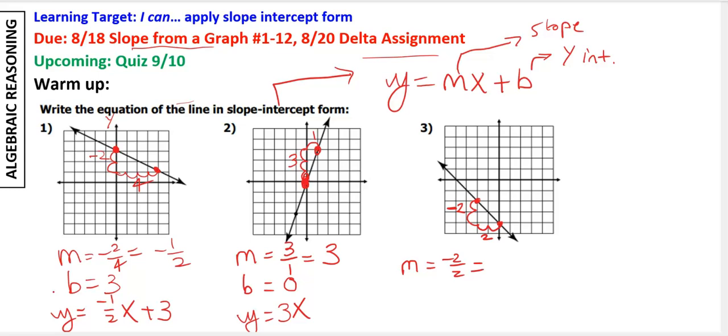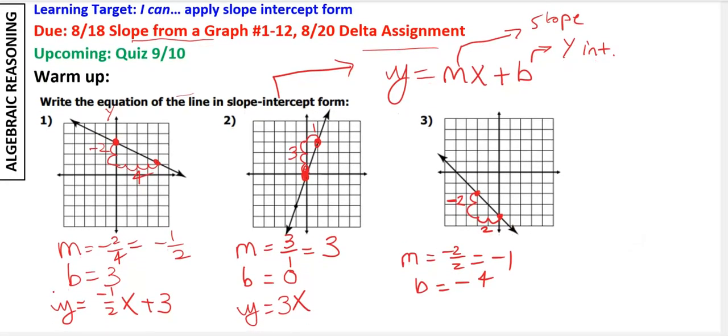And you can use Desmos to reduce that, but -2 divided by 2 is -1. Okay? My b value is 1, 2, 3, 4 below 0. So yeah, -4. Now careful here.